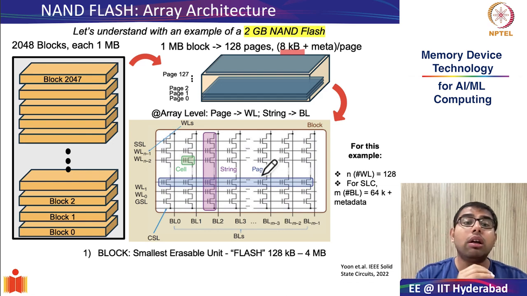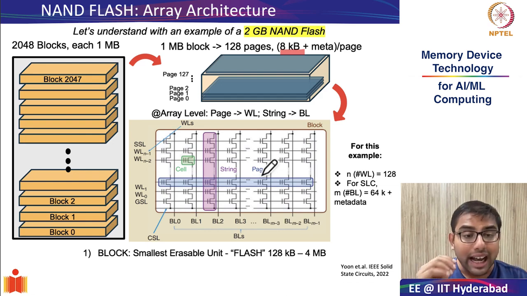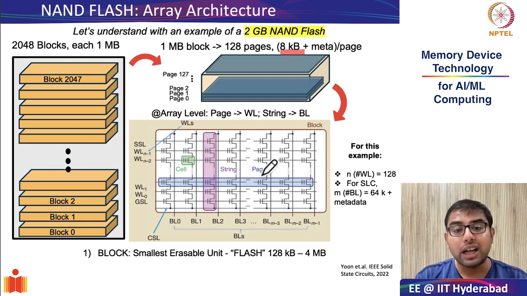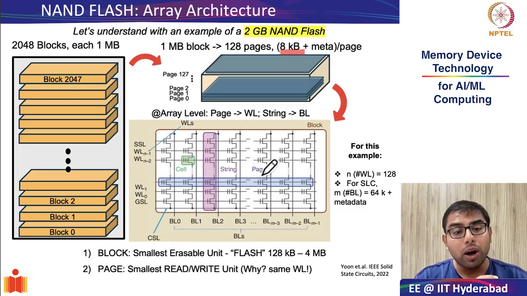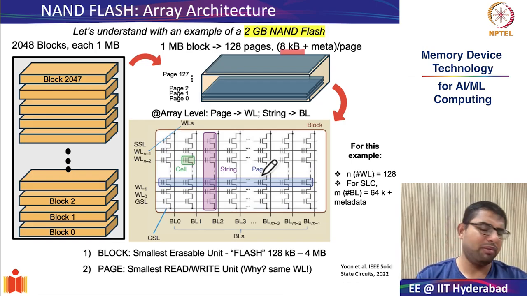Generally, the size of a block in modern day NAND flash architectures is around 128 KB to 4 MB. In our example, we took just 1 MB. The second important element is a page. What is the page? The page is the smallest read-write unit possible in a NAND flash array. And this is not very difficult to understand.